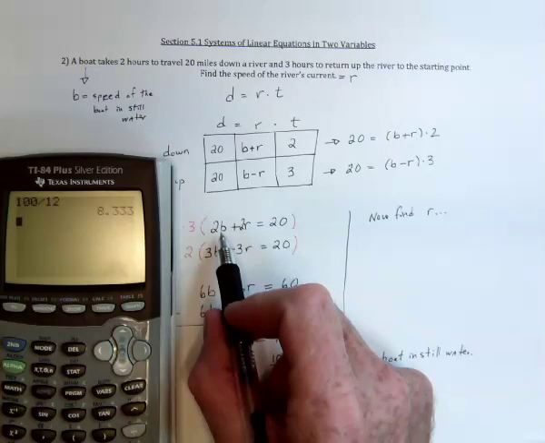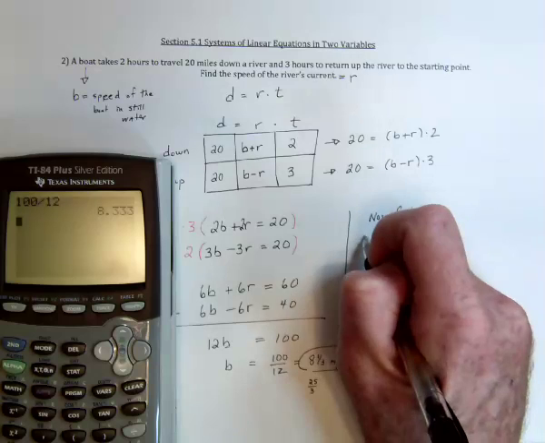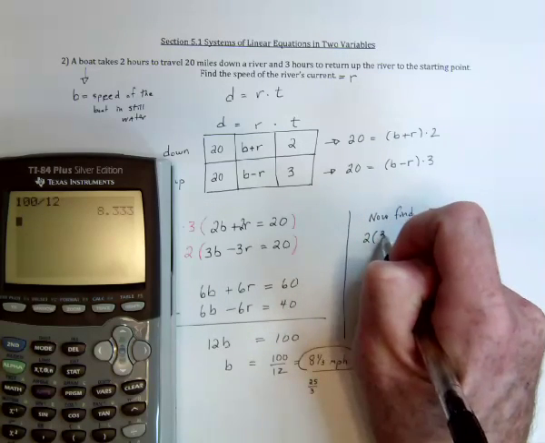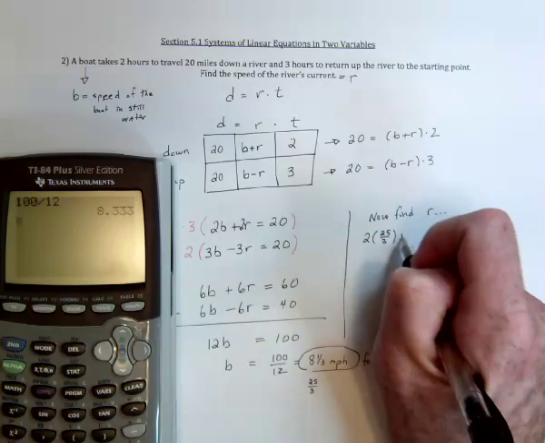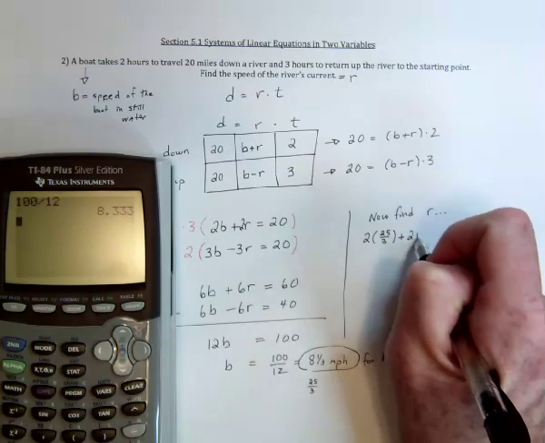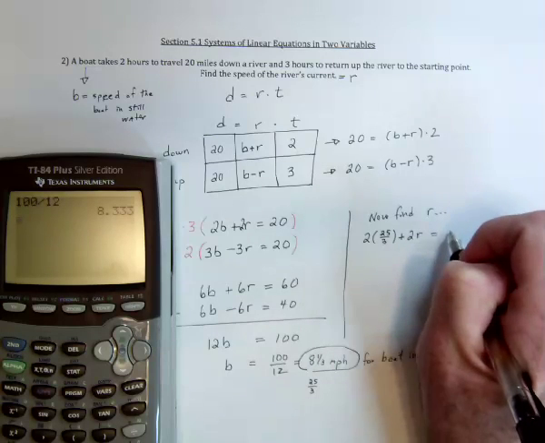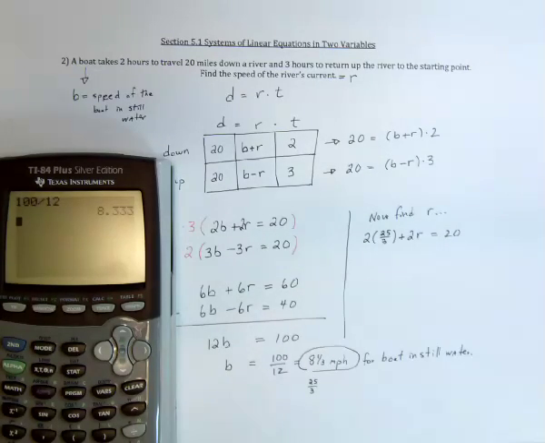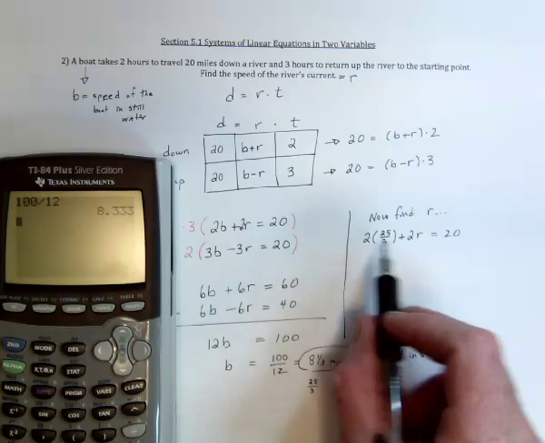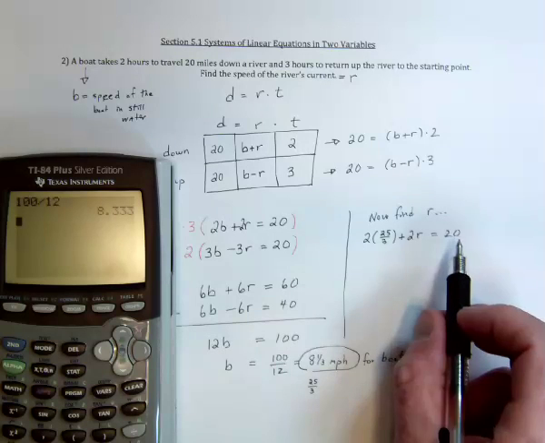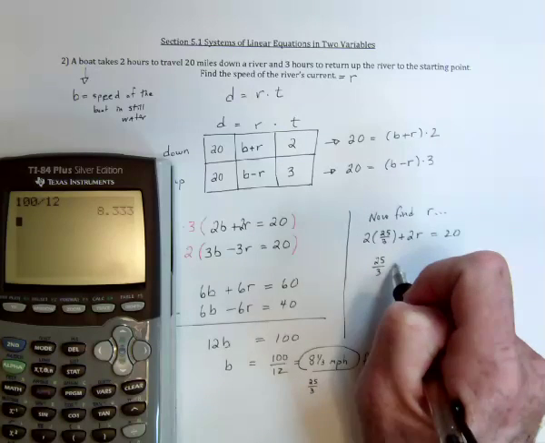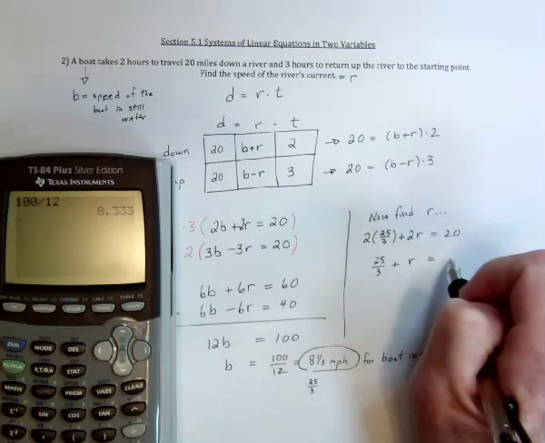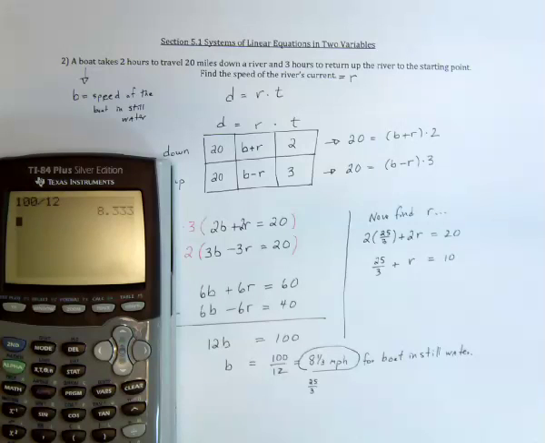So using this equation, we've got 2 times b, so 2 times 25 thirds plus 2 times r equals 20. But I just noticed that this has a 2 and this has a 2 and this has a 2, so I could actually divide everything by 2 and simplify things. So divide all terms by 2, and then we're almost done.